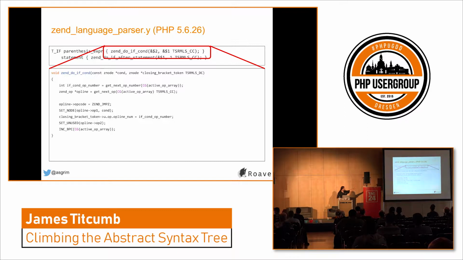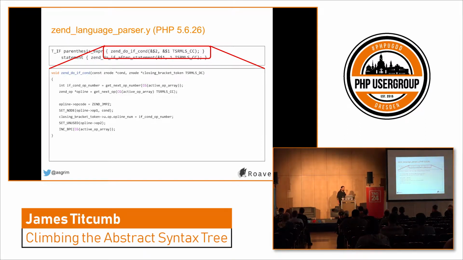You'll see that what happens when we match that grammar is we call this function zend_do_if_cond. Okay, good naming. And inside this function, we can see that we're actually creating opcodes directly. And that's how PHP used to work. It just spits out opcodes directly.